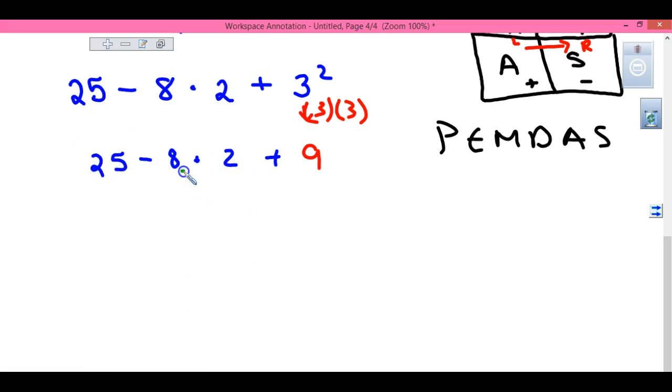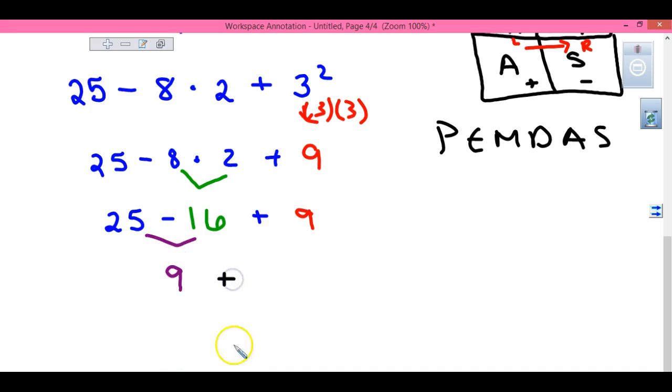Multiplication. So 8 times 2, which is 16. What comes next? Subtraction. 25 minus 16 is 9. And 9 plus 9 is 18.